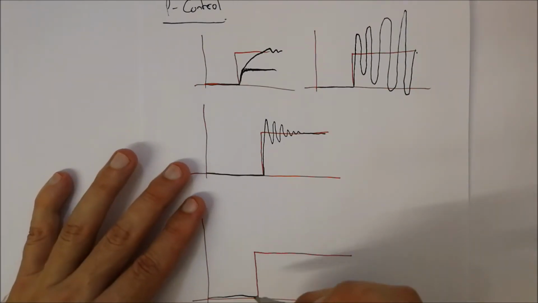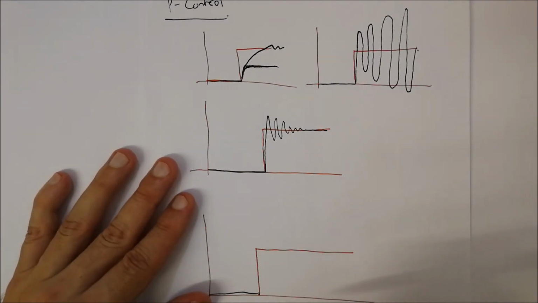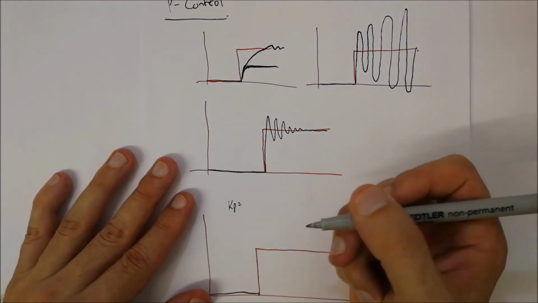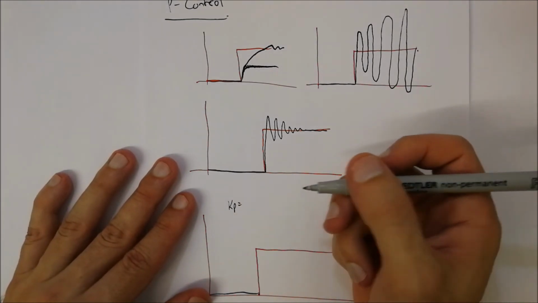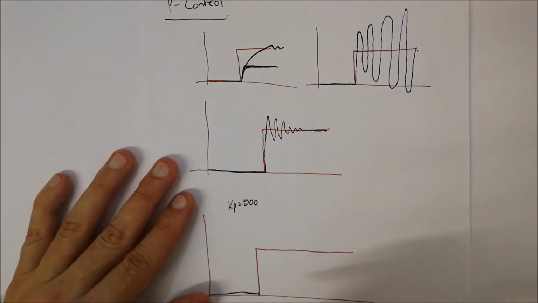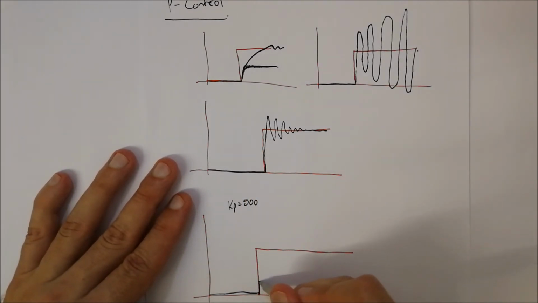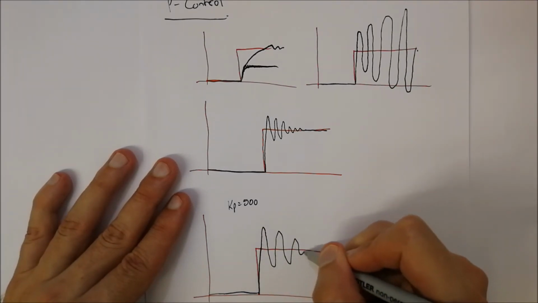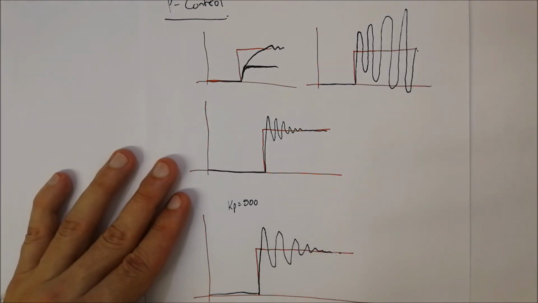Okay, so let's say we set KP equal to, and I'm just going to use a number here, let's say 500. At 500 you see it goes up, and there's some oscillation happening, but it converges eventually and goes to the set point.